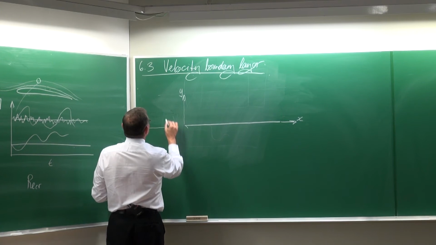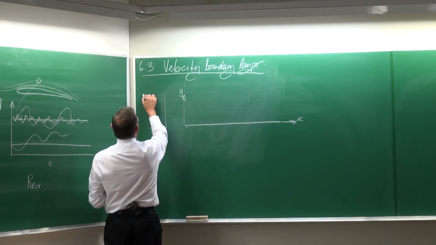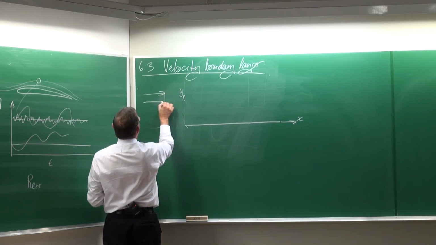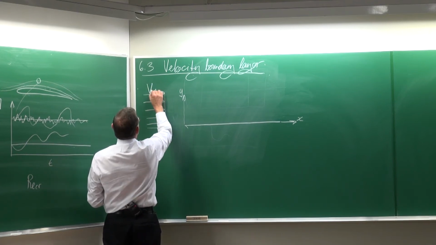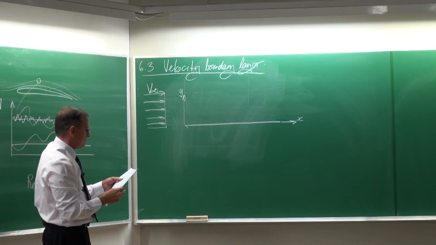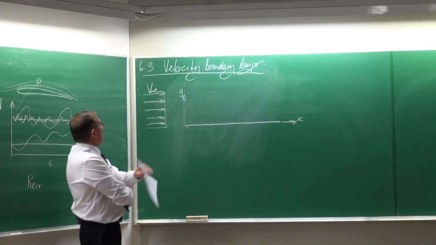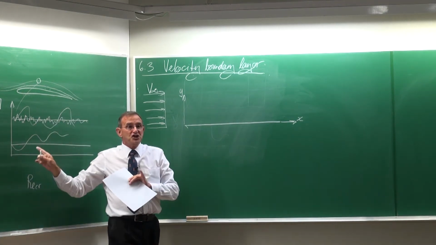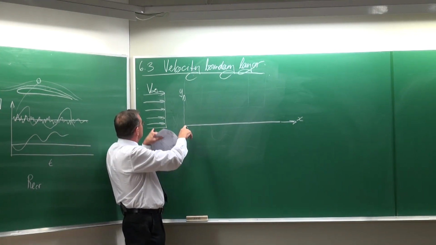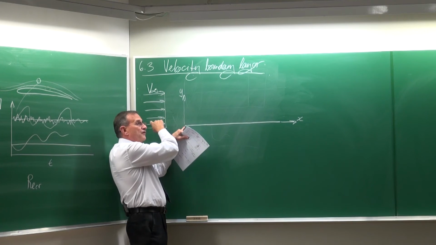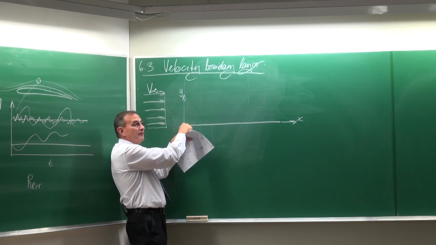And we've got a free stream velocity coming in, which is uniform, which we're going to call V infinite. The no-slip boundary condition tells us that at this point here, this velocity is going to change from whatever it was to a value of 0.